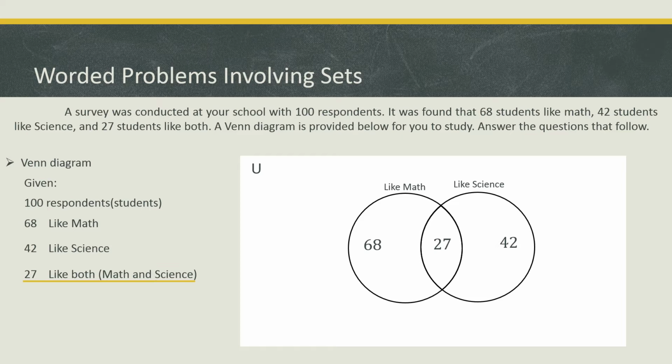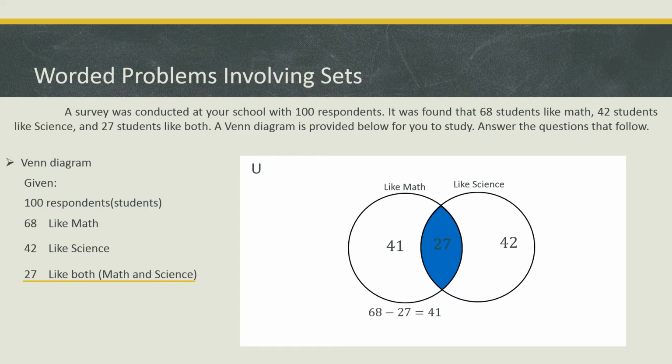And this 27 is also part of your 42. Okay? So what do we do? Because this 27 is part of 68, we subtract it. So 68 minus 27 is equal to 41. Since you already have 27 in the intersection, how many are left to make 68? That is 41. So what you put now is, instead of 68, 41. Did you get it? Look, 41 plus 27 is equal to 68.